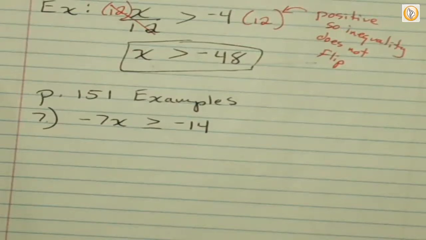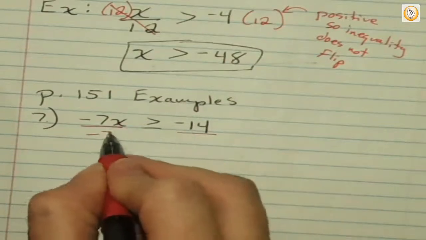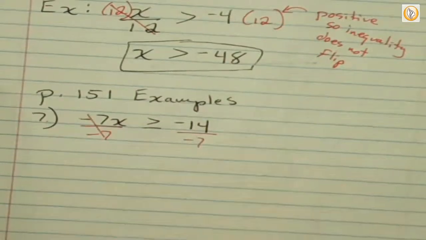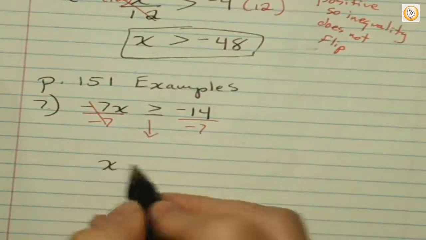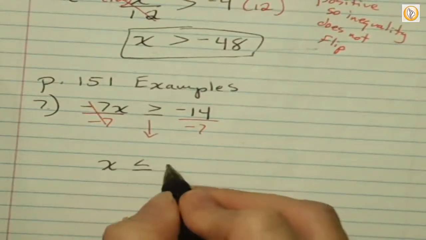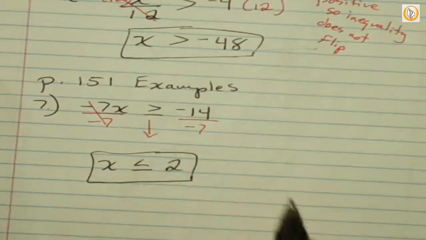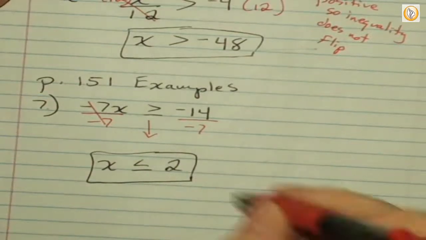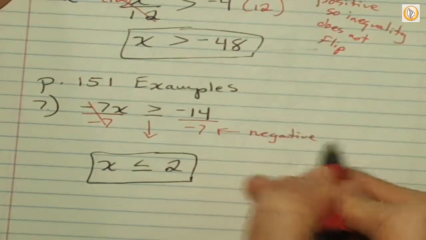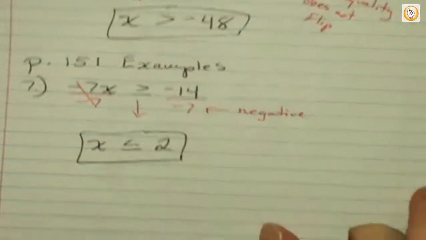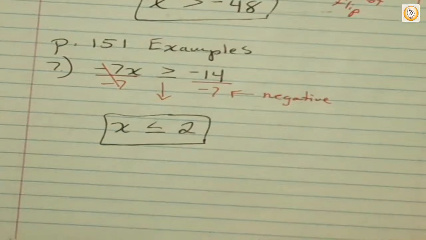Well, first you would divide by -7 on both sides. And since you're dividing by a negative, then you would flip the sign. That's right. And that leaves you with x is less than or equal to 2. Positive 2. Very good. Because we flip it because of this. This is the negative. So then we flip. Any questions? How are y'all doing on this? Good.